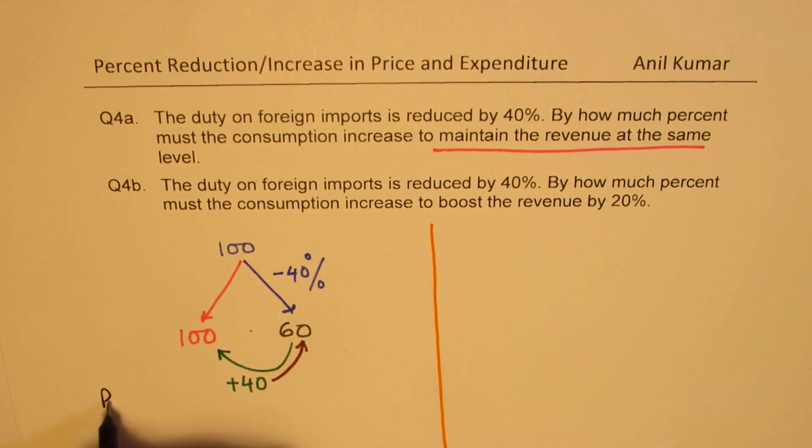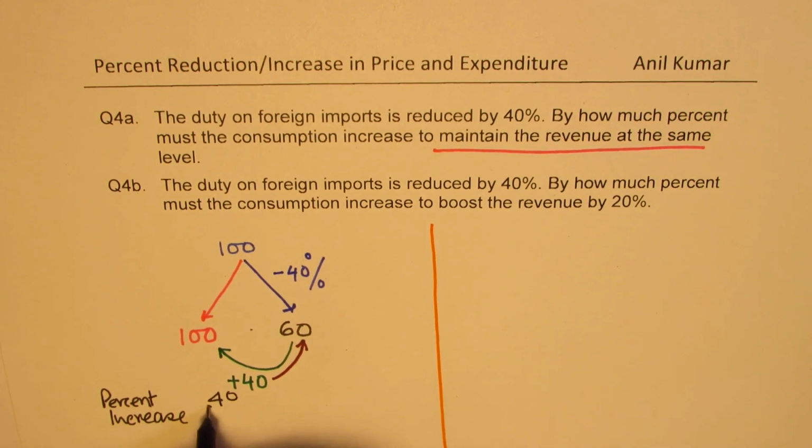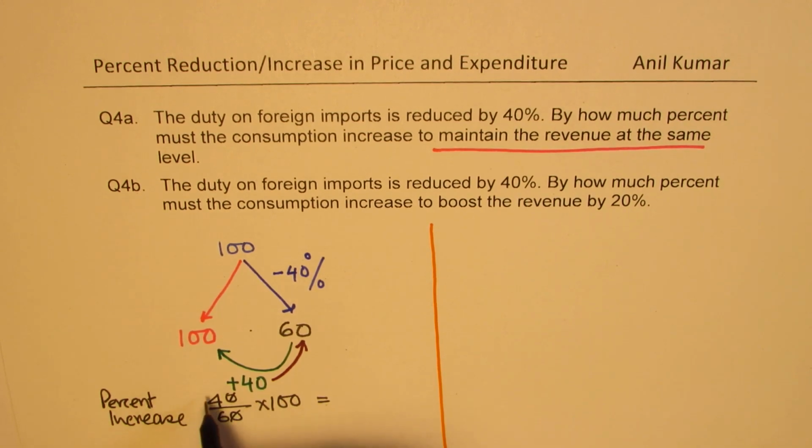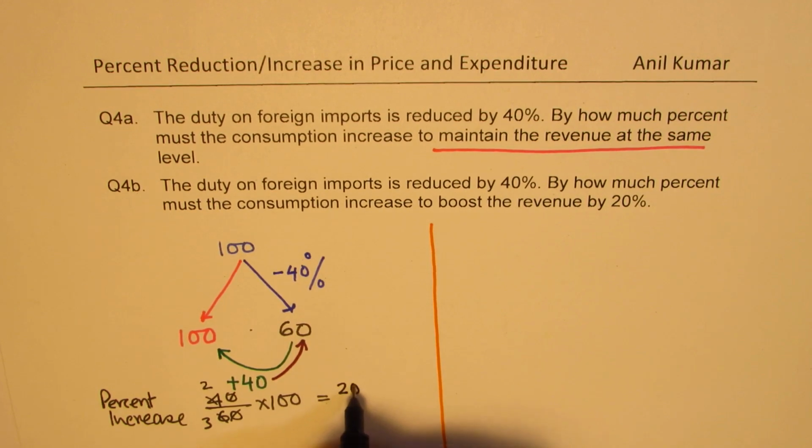And therefore, the percentage increase will be what? Let's write down. So the percentage increase will be 40 on 60 times 100. Does it make sense to you? Right? So we could simplify this, and that goes 2 and 3, right? So we have 200 divided by 3, which is 3 times 6 is 18, 20 is again 6, left with 2.